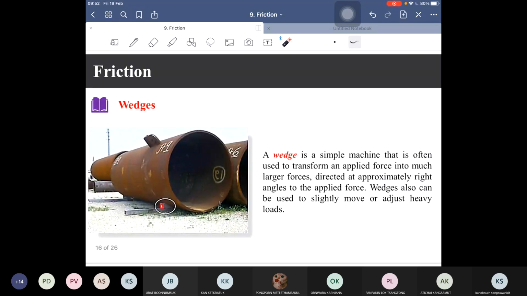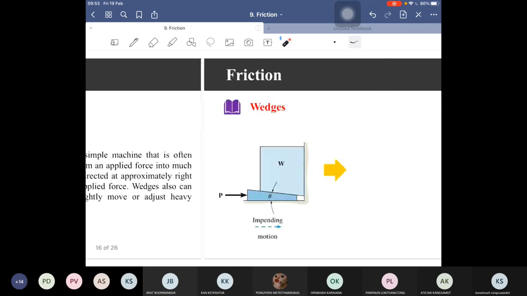Okay, and this wedge has an angle. So we use the slight angle to apply the force, and we can slightly move or adjust the heavy load, like this pipe, for example. So let's consider this system.